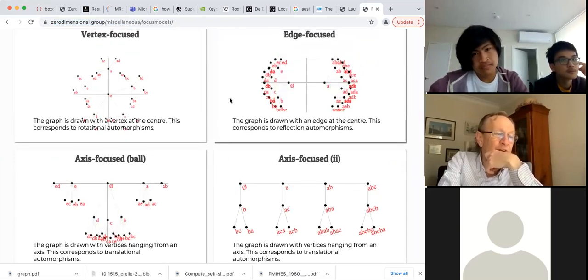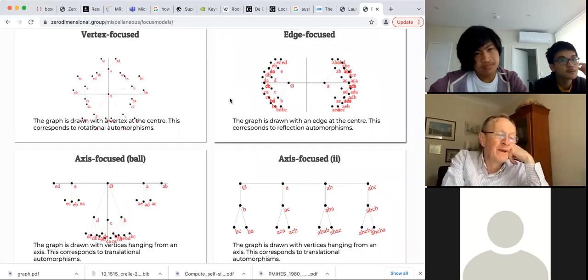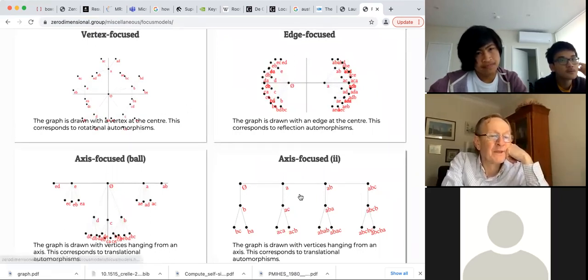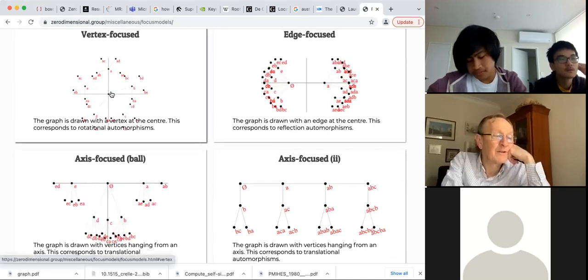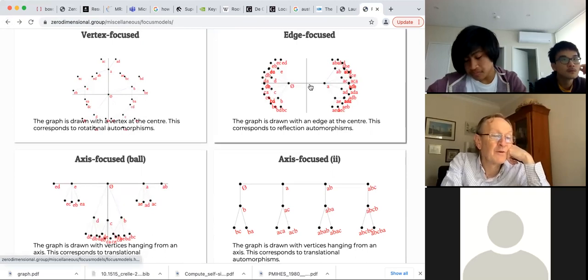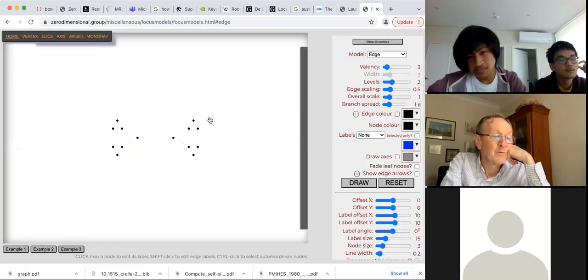Let me just say what these are about. These are three different ways of looking at a tree. With the vertex focused one, we put a vertex at the center and then build out from the tree in a regular way. With the edge focused one, we start with a single edge, and then we build out from there in a regular way.